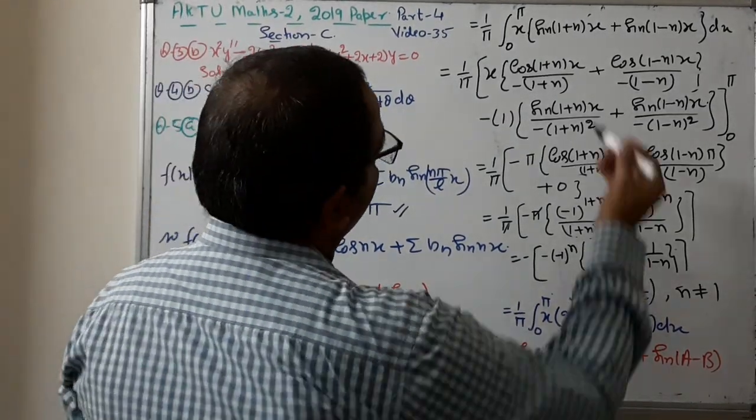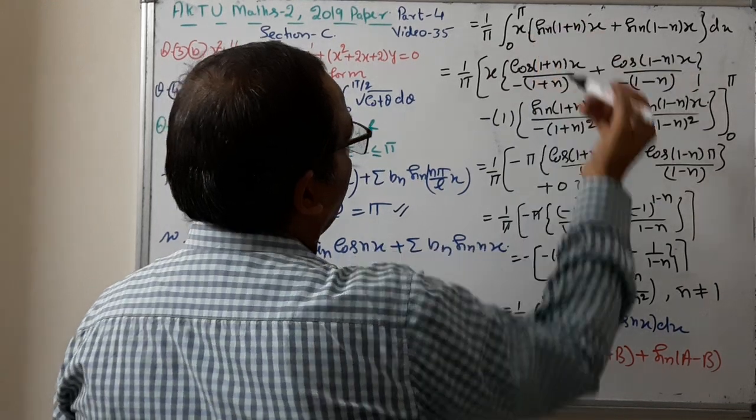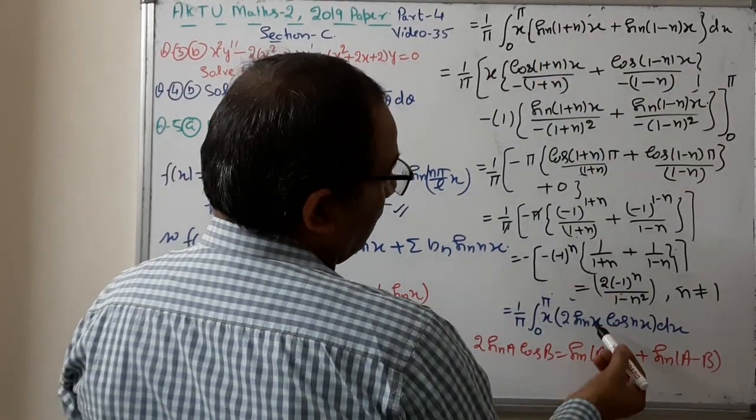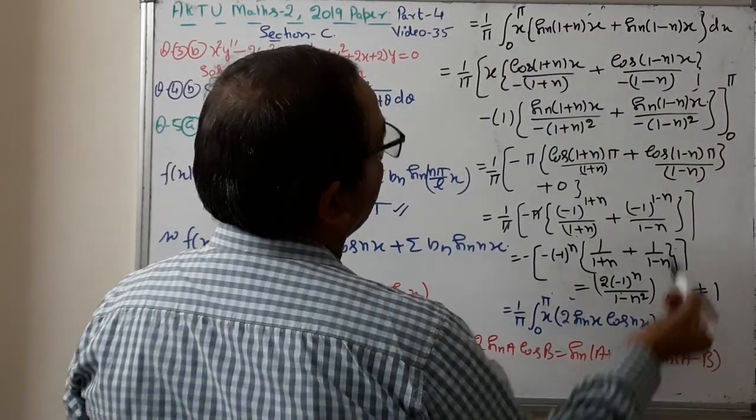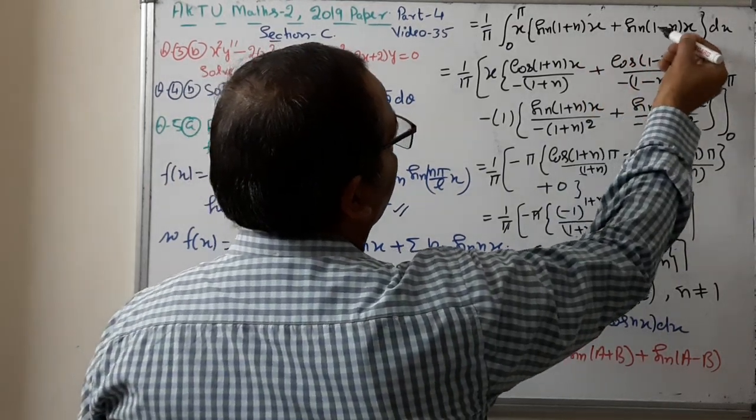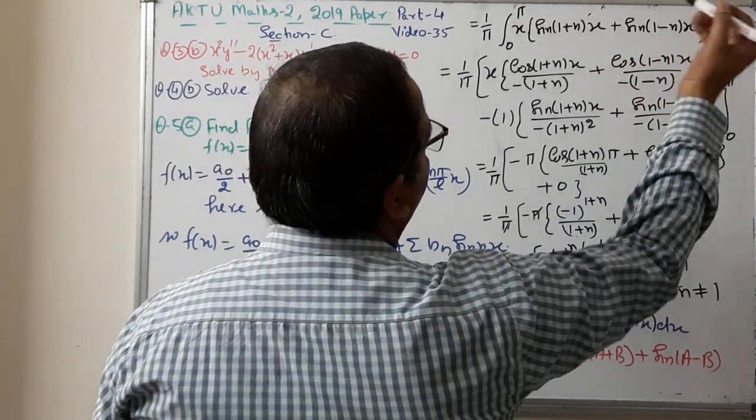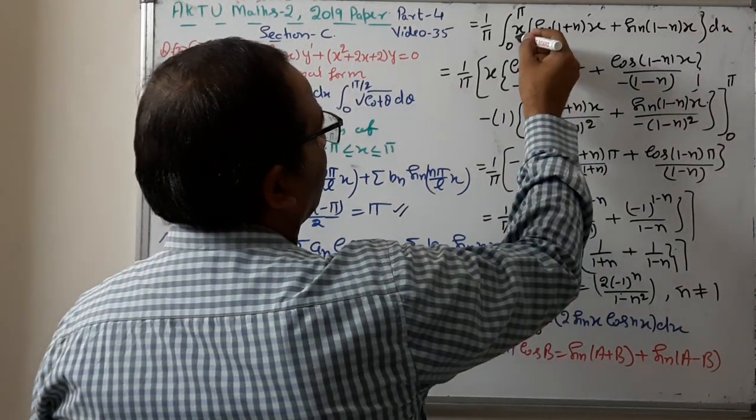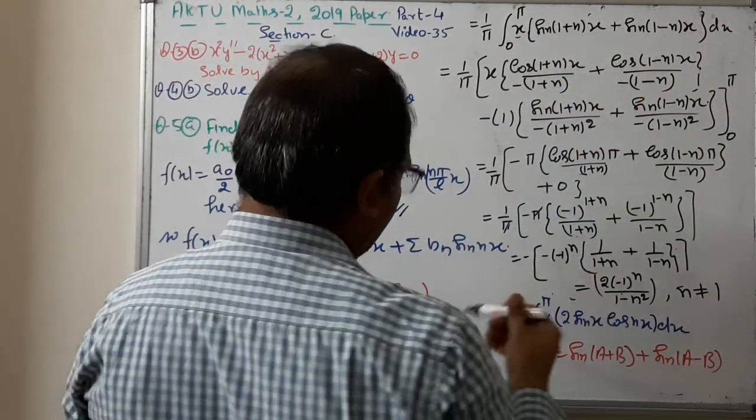Applying this formula, we get 1 upon pi, integral from 0 to pi of x times sin(a plus b). Here a is x and b is nx, so sin((1 plus n)x) plus sin(a minus b), sin((1 minus n)x), dx. Now integrate: the first function is x and the second function is this whole sine expression.